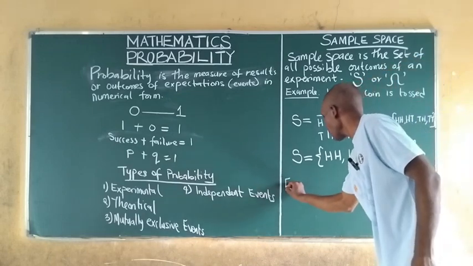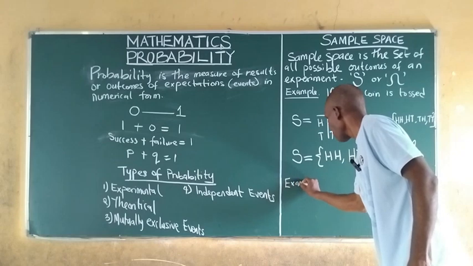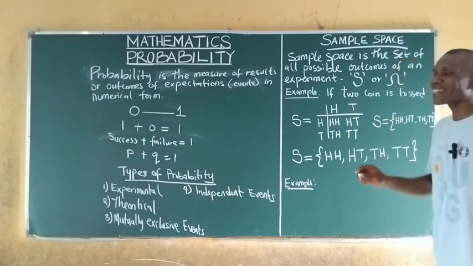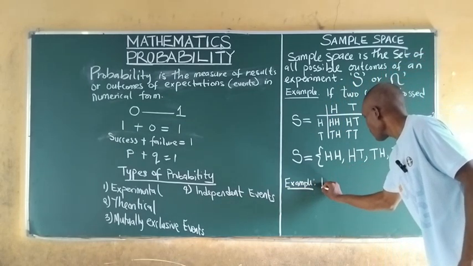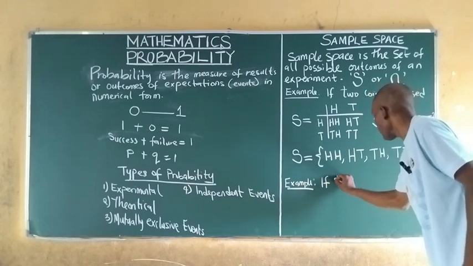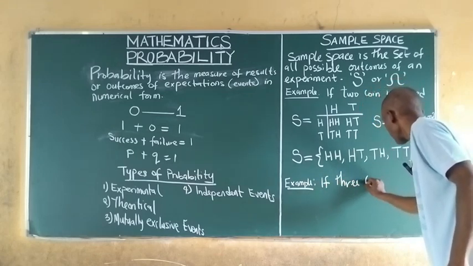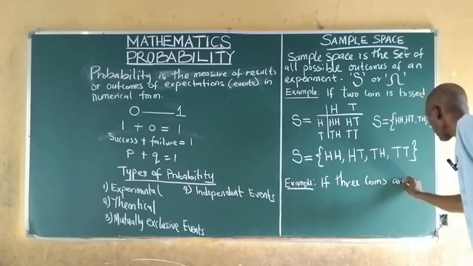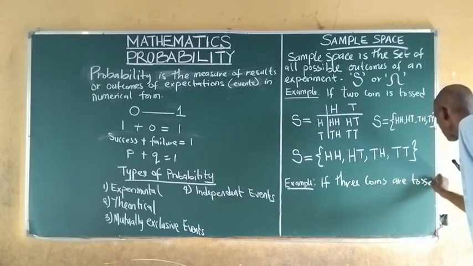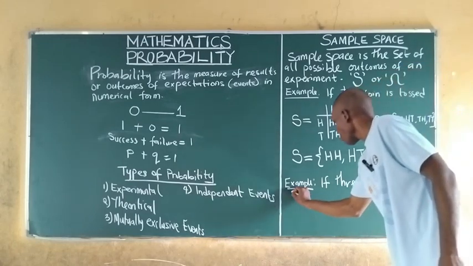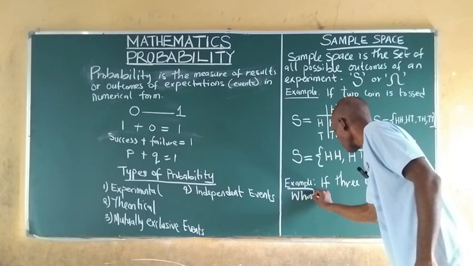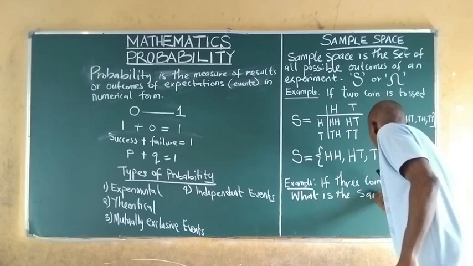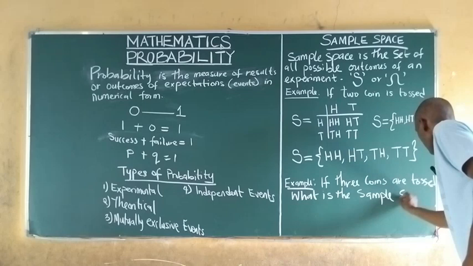Also, another example: if three coins are tossed, what is the sample space?